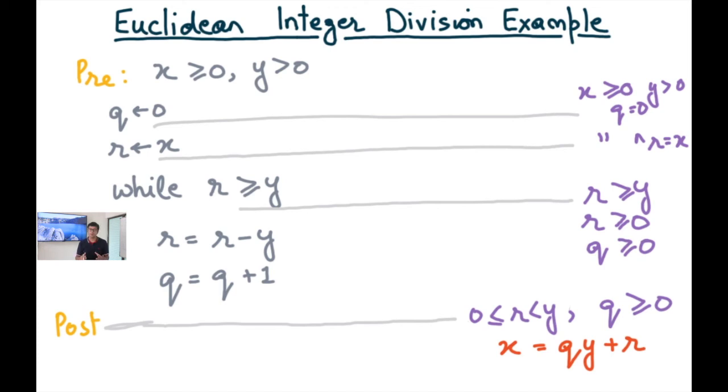And if I want to express this partial correctness condition, I would say the precondition of the whole triple would be X is greater than equal to 0, comma Y is greater than 0. The program C would be this whole program that involves a loop. And the post condition would be these three statements, which is R is between 0 and Y, including 0, Q is greater than equal to 0 and X equals QY plus R. And to prove this we basically need invariants at some intermediate points in the program.